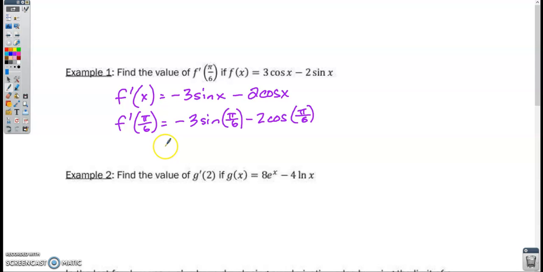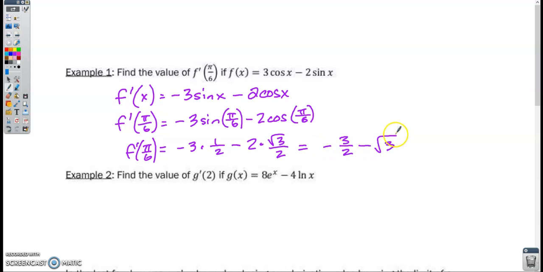So we're going to evaluate, and the sine of pi over 6 is 1/2, and the cosine of pi over 6 is the square root of 3 over 2. And this simplifies out to negative 3/2 minus the square root of 3. And that is our value for f prime of pi over 6.